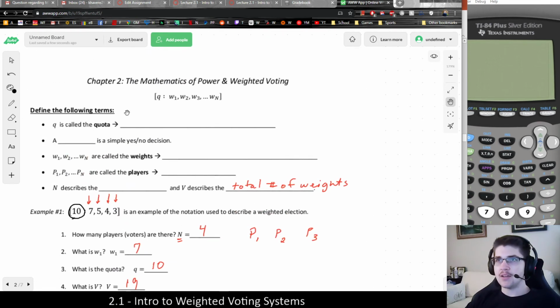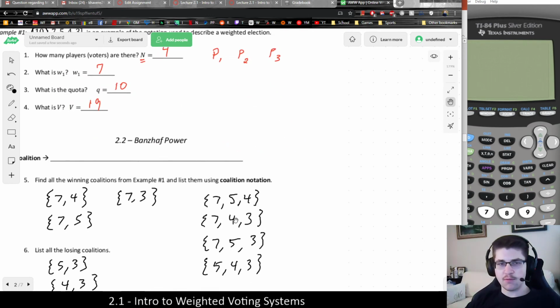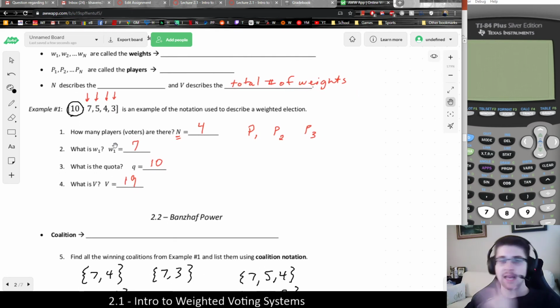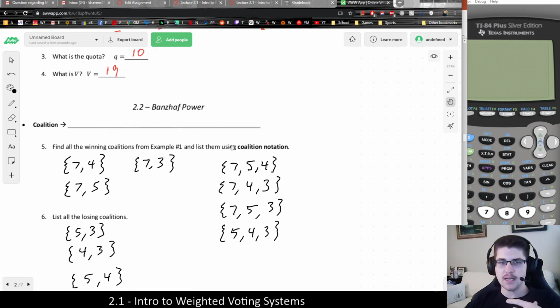But note that in a group with 4 players, if we're looking at groups of 3, there's going to be 4 ways to do that, because you could exclude either player 1, 2, 3, or 4, and those would form 4 unique groups of 3. That's a general way of thinking about this that can help you with the basics. But anyways, all of the 3-player coalitions would be winning.